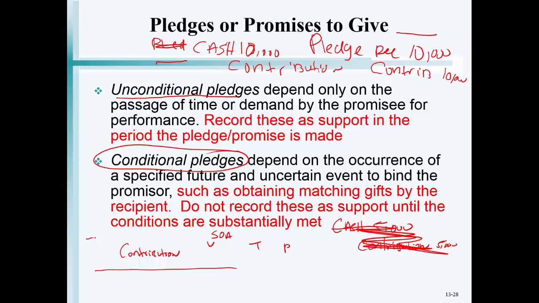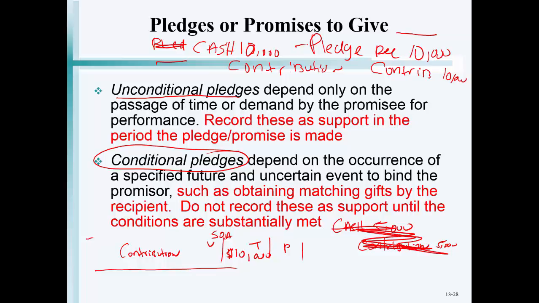Unconditional promise, say I have to use it for the Fluffy program. Unrestricted, temporary restricted, or permanently restricted? It is temporary restricted, good, because they told me I have to use it for some purpose, right? So even though it was an unconditional promise to give and I debited what? Pledges receivable and credited contribution, when it shows up in the temporary restricted column, doesn't it?